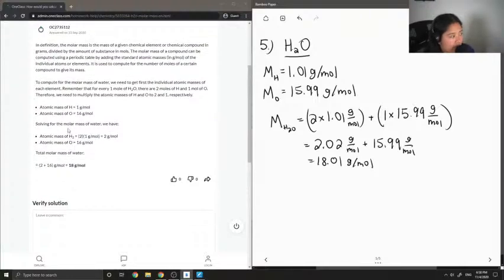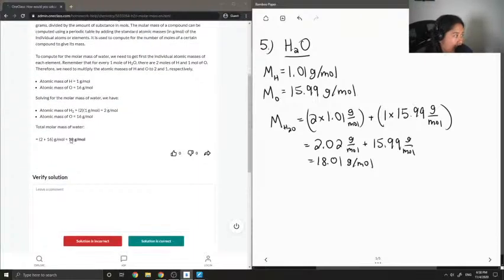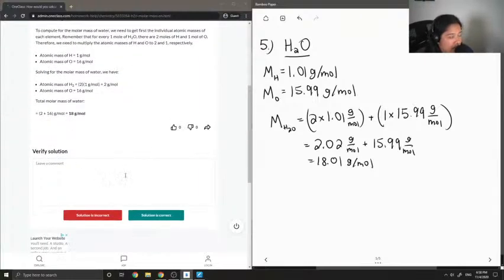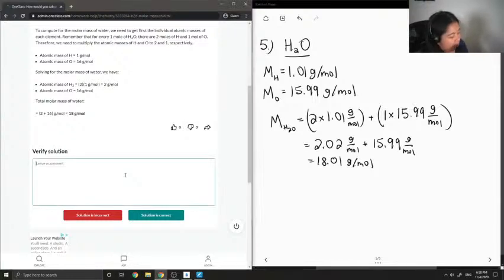And then solving for the molar mass of water, we have H2, which is 2 times 1 is equal to 2. Atomic mass of oxygen, 16. So they got that the total molar mass of water is 18 grams per mole. It's the same thing as what I got, except just rounded, but it's still correct. So this solution is correct.